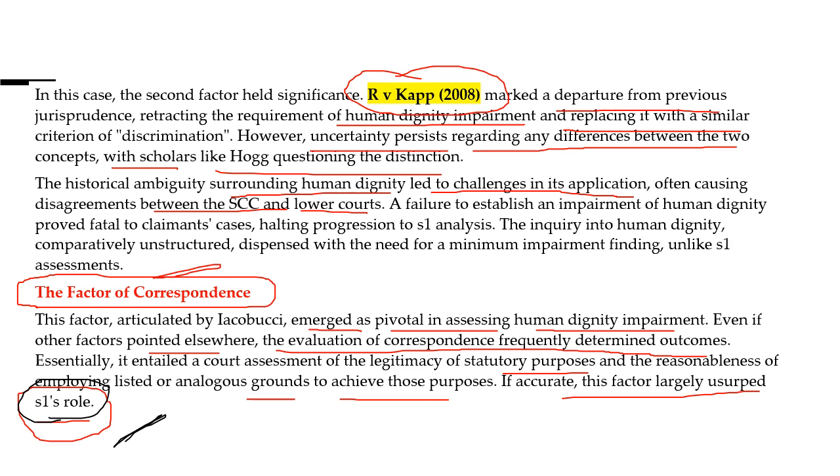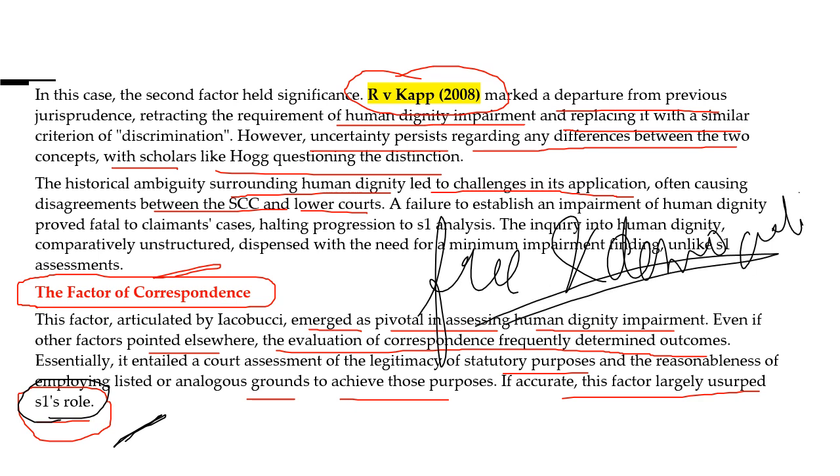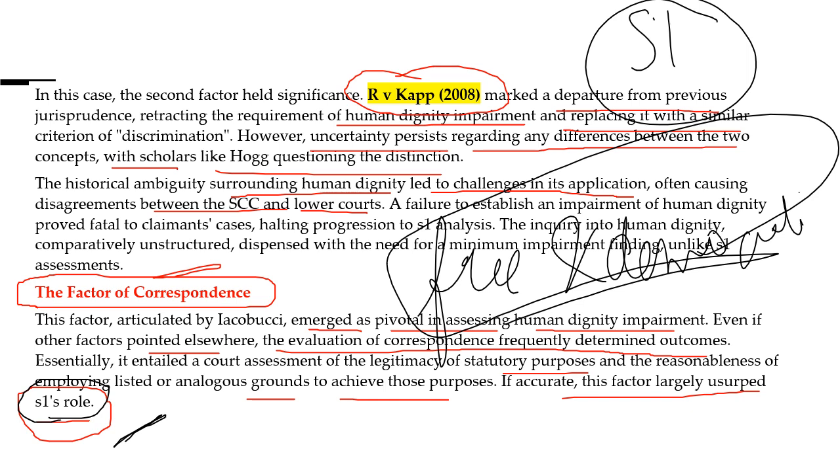Section 1 is there to protect people in a free and democratic society. This is the main objective of Section 1. Any reasonable limit is justified if it is justified for a free and democratic society for the people living there. That means you are protecting the dignity of the people of your nation.